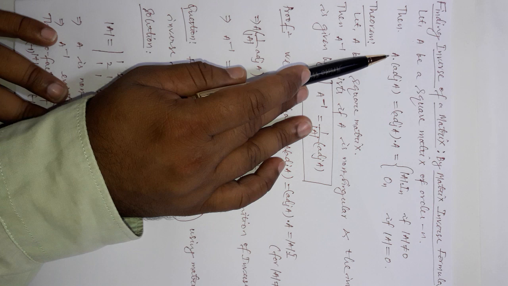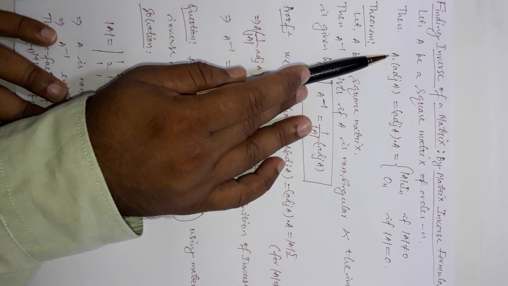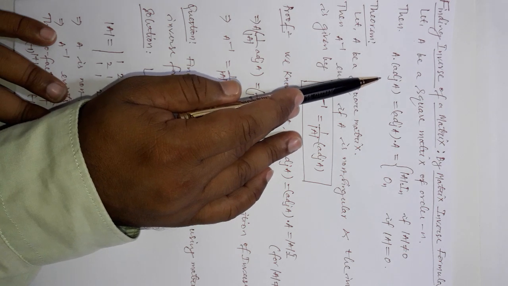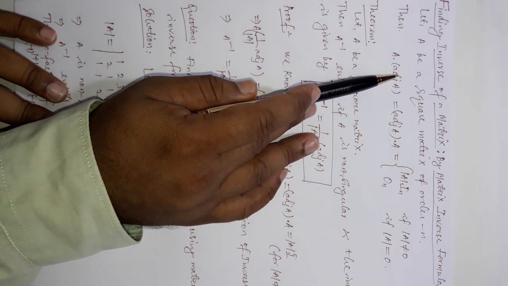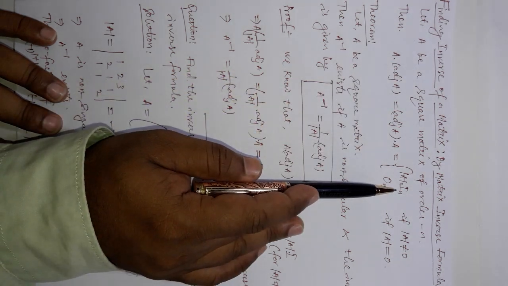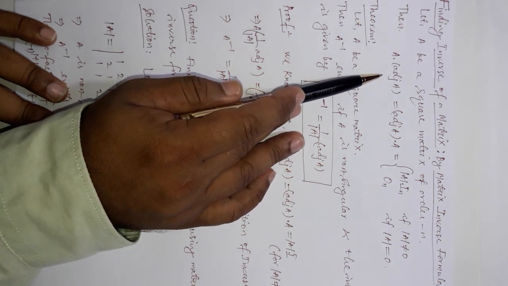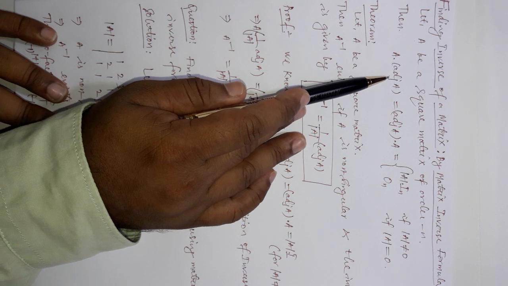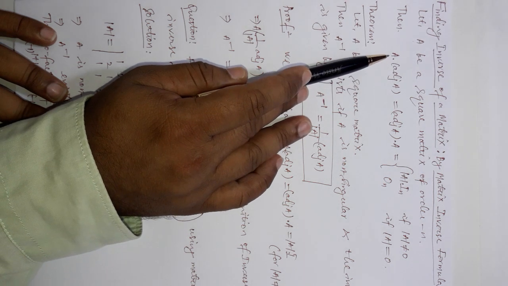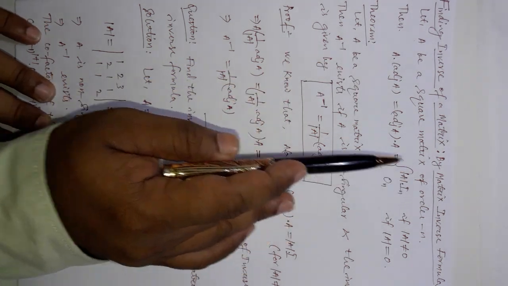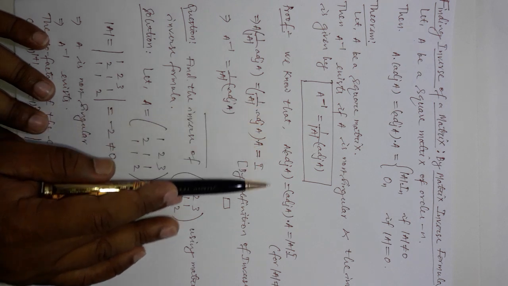So, if I am multiplying matrix A with the adjoint of A by its determinant, which is again a matrix, and it results in the identity matrix, that means adjoint of A by determinant of A is nothing but the inverse matrix of the matrix A, because their product is giving you the identity matrix, and that we have proved here.